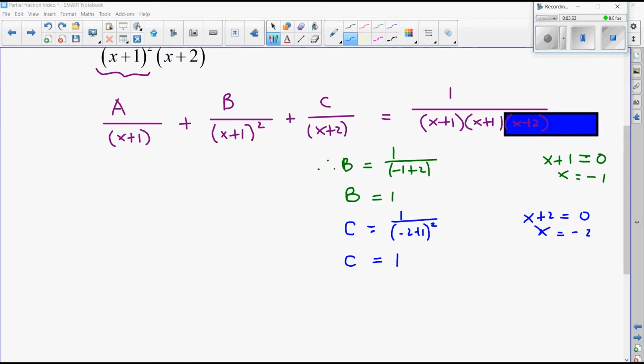Substituting these values, I still need to find a. I have a over x plus 1. I found that b has a value of 1, so I replace it, so it's 1 over x plus 1 squared. C has a value of 1, so it's 1 over x plus 2.